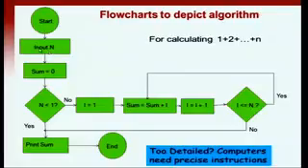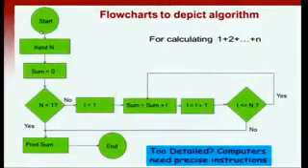Okay. So suppose you want to write an algorithm for adding the first n numbers. All of you know how to do it. The point is, how do you describe this step by step to somebody who doesn't know it already? So first you have to take what is the upper limit n, and then you have to sum them up.